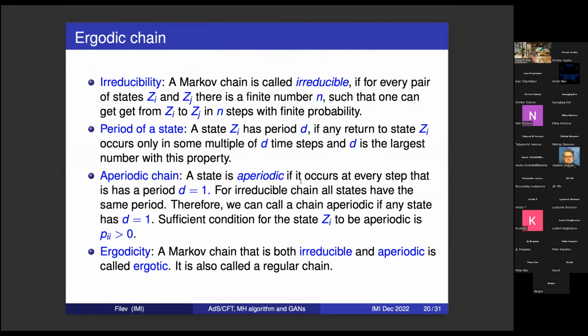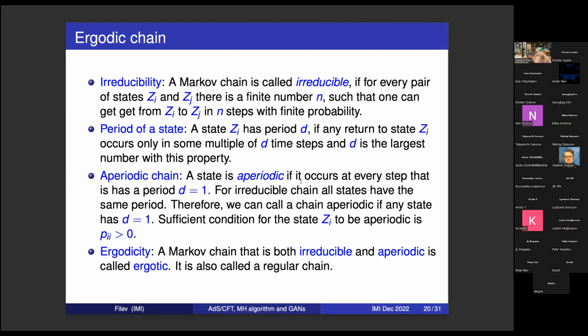A Markov chain is irreducible if for every pair of states there is a finite number n, such that after n steps you transition to zj. And you can see how this relates to ergodic, right? Because it means there are no disconnected components of the chain.